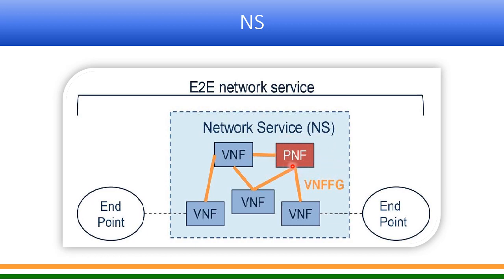PNF is nothing but physical network function, so the traditional network function. So network service is a set of VNFs and PNFs, connected in a particular fashion. It is called VNF forwarding graph. So this set of VNF and PNF along with forwarding graph is called network service.